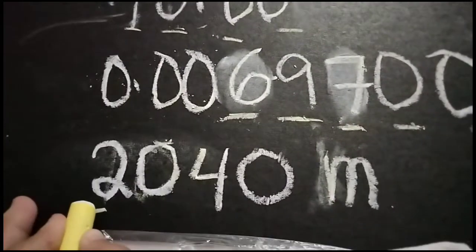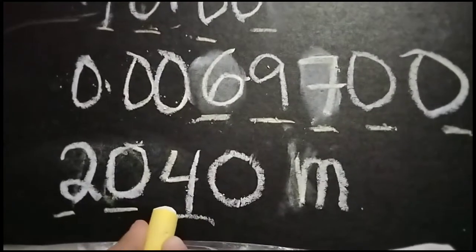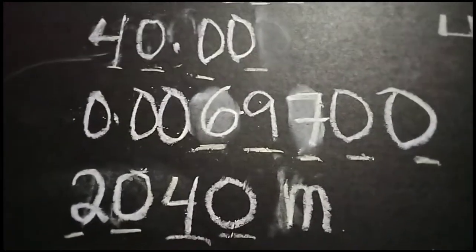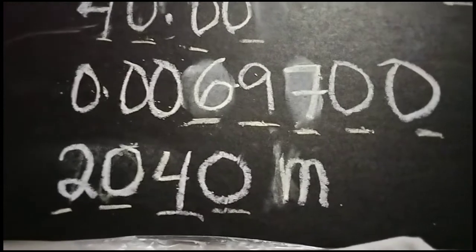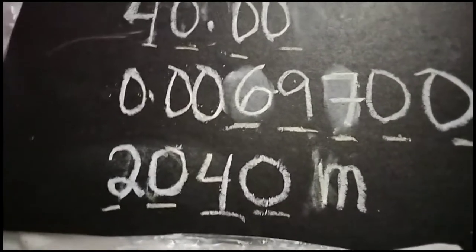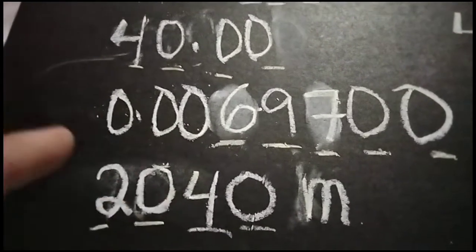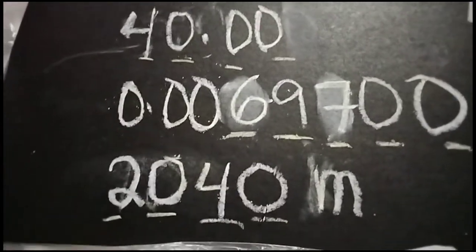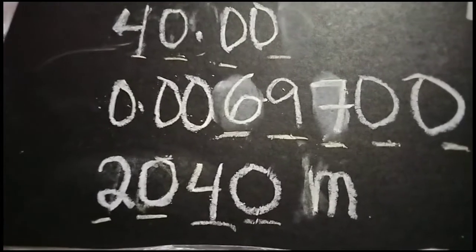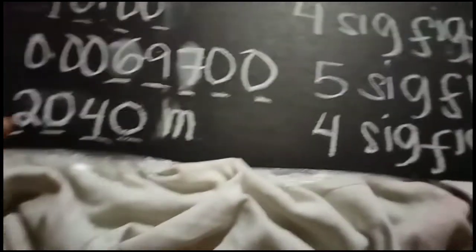So 1, 2, 3, and 4. Because 2040 meters, as the rule says, comes from a measurement, it can be counted as 4 significant figures.